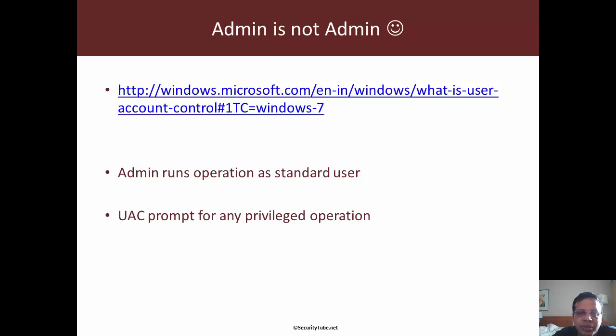Only when operations which require higher privileges are initiated, at that time Windows throws out the UAC prompt so that the admin knows that now he is about to do privileged operations. And only after that does he get really high privileges. Now let's go ahead and prove this.